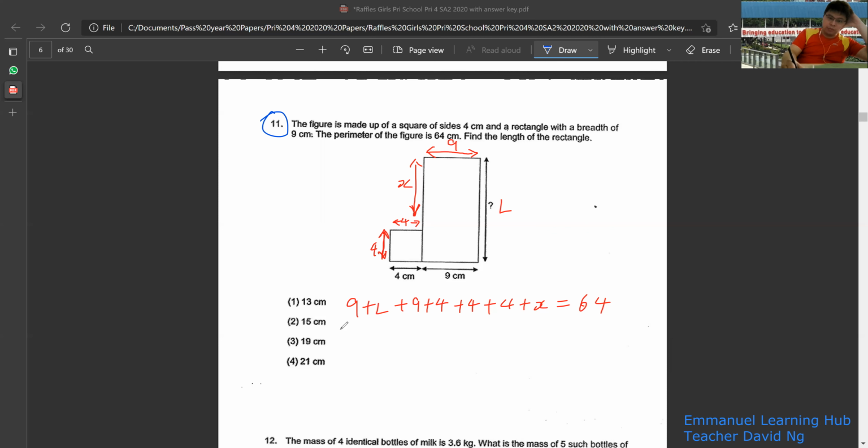Yes. Okay, L plus X is equal to 64 minus 9 minus 9 minus 4 minus 4 minus 4. Do you agree?